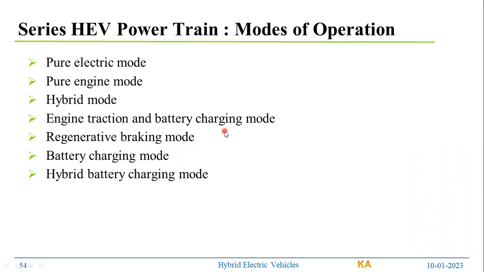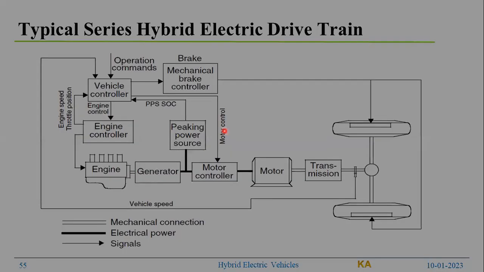The engine will drive as well as charge the battery. Then regenerative braking, battery only charging mode from external, or battery charging mode both by the engine as well as from the outlet output charger.